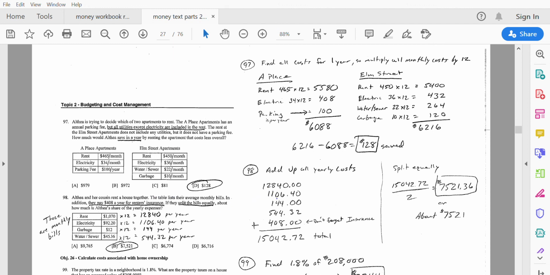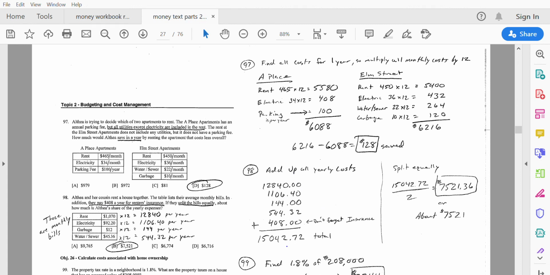And then again, like in the other problem, not in the chart was some information in the paragraph. They pay $408 a year for renter's insurance. So I don't have to multiply that by 12. I just put that $408 right here. Okay, and I even wrote right here, don't forget the insurance. So there's 4 costs in this chart, plus the renter's insurance.